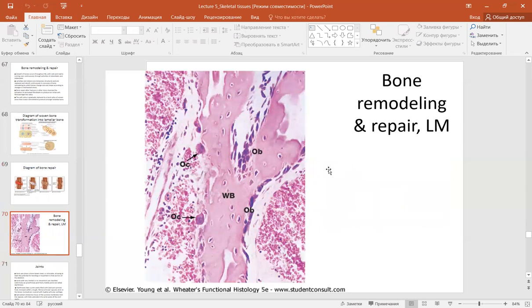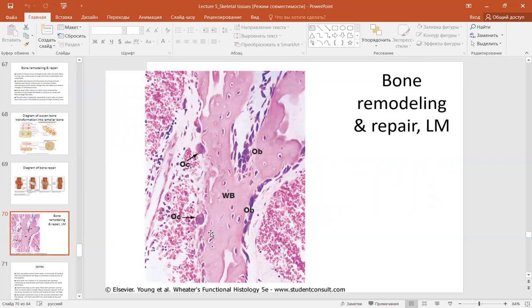Bone remodeling and repair. Woven bone, osteoblasts, osteoclasts, clearly visible giant cells of the resorption, characteristic for resorption, osteocytes located in the osteoid.